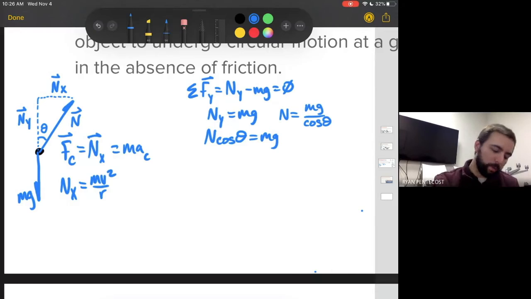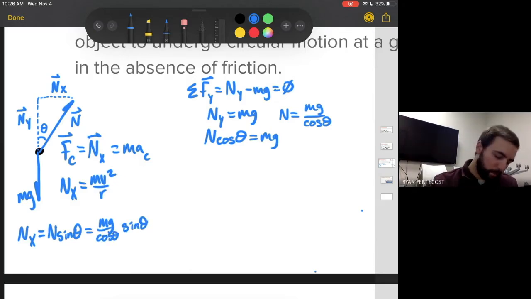Now, if we plug that in, N_x must be N sine theta. But if we plug in our N, we have mg over cosine theta times sine theta. You can already see that there's a tangent forming there. So we have mg tangent theta for N_x.